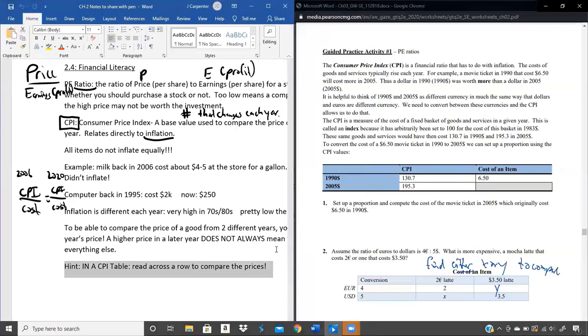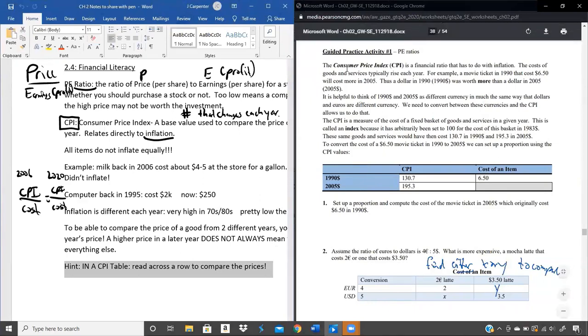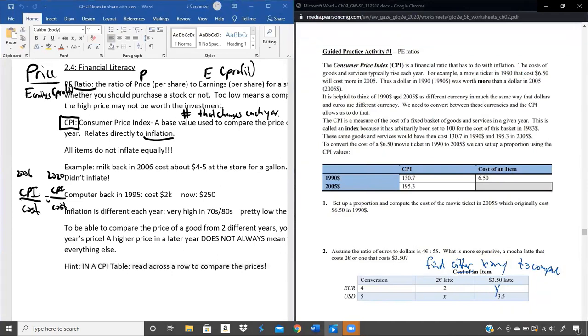In America, you're paying $3.50. Where is the more expensive latte? You could convert the American latte to euros, or you can convert the European latte to dollars. It doesn't matter technically which one you do, but since they asked for X, we will find X. That is important for the quiz coming up, which we're going to see that question shortly.